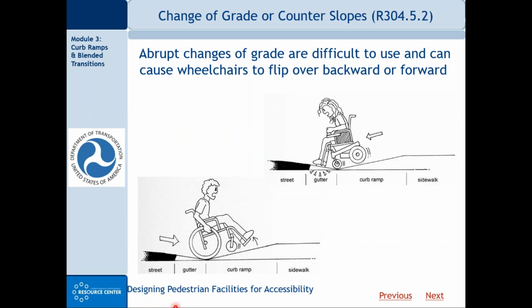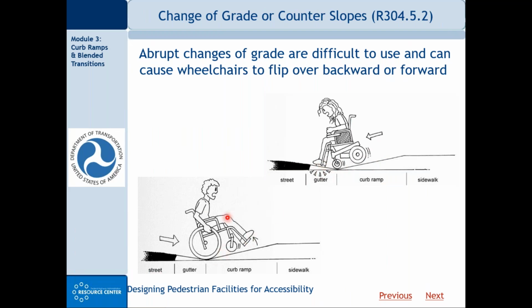You saw this illustrated very well, I think, in the video, the change of grade or counter slope. I'm not sure we saw this in the video, but what can also happen, what this slide is trying to show is, notice due to this kind of extreme change in grades here, that the footrests on the manual chair are bottoming out, and that could cause the chair to tip over.